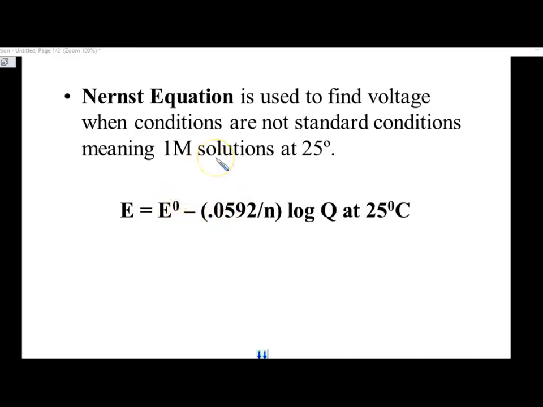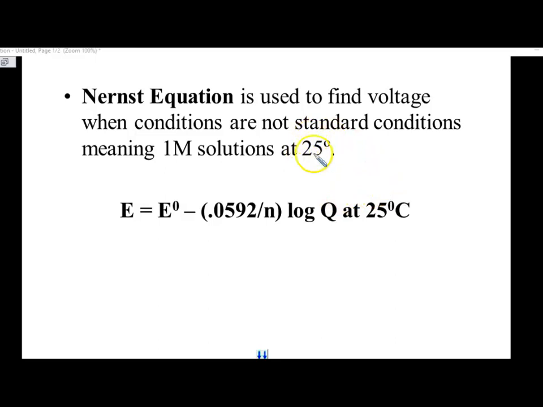The E naught means standard conditions, which assumes that the concentration of the solutions that our metals are dipped into in our voltaic cell is 1 molar. If we're not at 1 molar, it does affect the voltage somewhat. Not a huge amount, but it does cause a shift either to the reactant side or product side. It is Le Chatelier's principle going on.